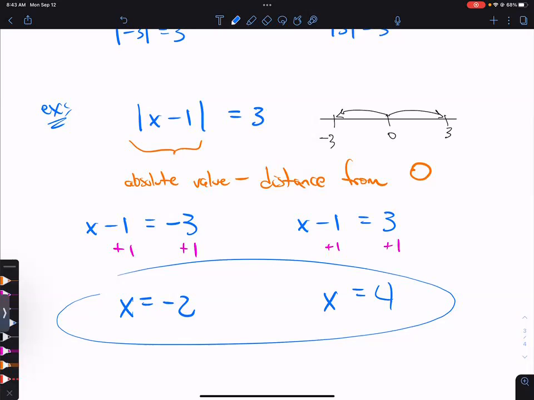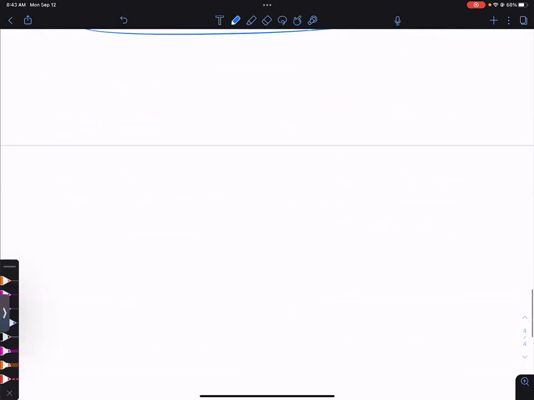Okay, so what if we wanted to solve that? The absolute value of 2x plus 1 is equal to 7.